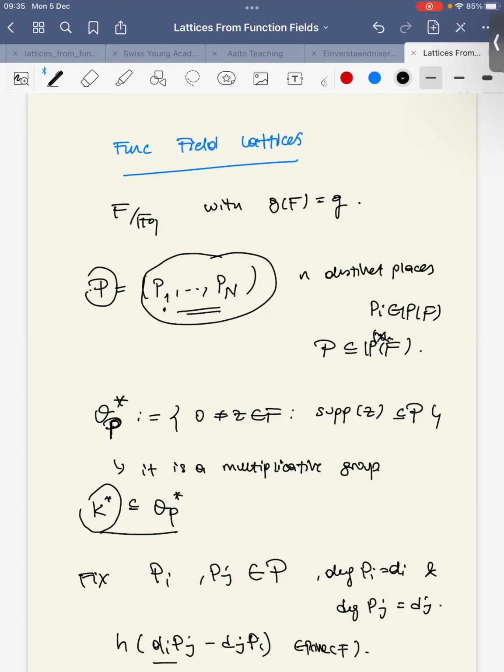Indeed, this is a degree 0 divisor, right? Because the degree of this divisor is 0, so when we add it h many times, again we get degree 0. But this is a principal divisor and it's not supposed to be constant.